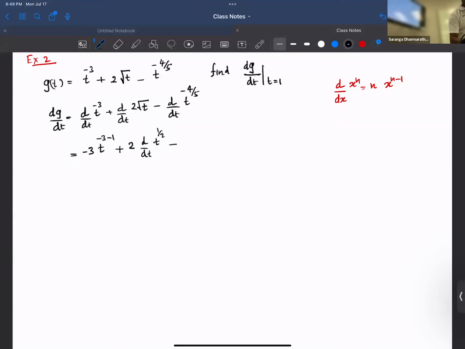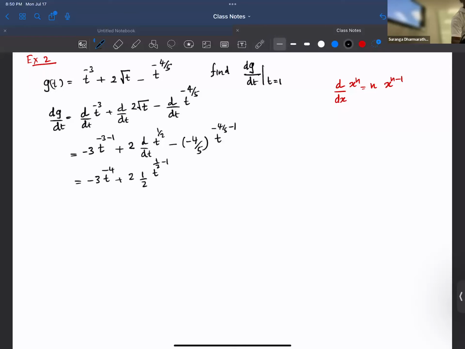Minus, now this one, -4/5 times t to the power -4/5 minus 1. So here it's -3 t to the power -4, plus 2 times, n is half, half times t to the power half minus 1.